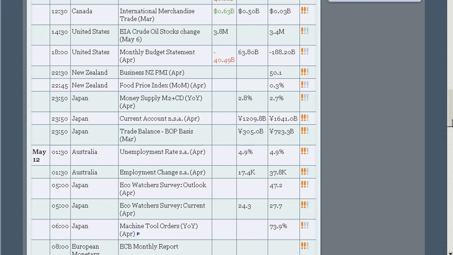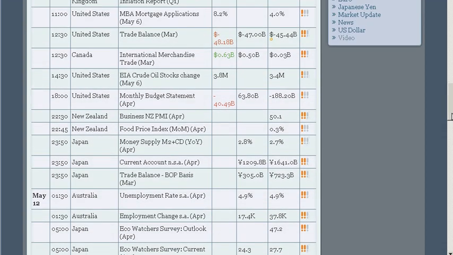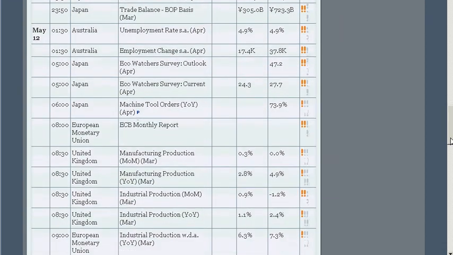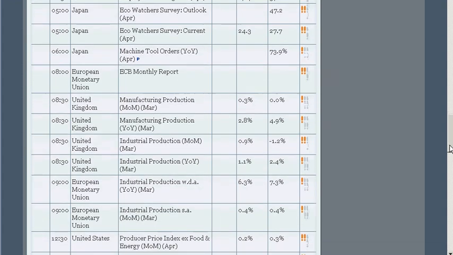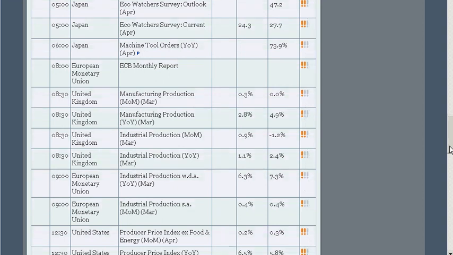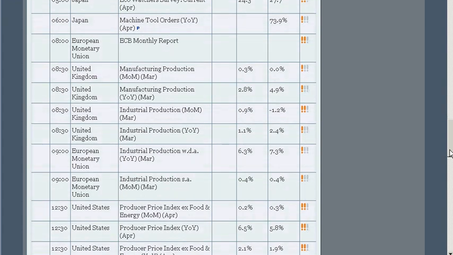Not all that exciting, really. If you're trading the Aussie, you got unemployment rate data, which actually is tonight, tomorrow in GMT. We have ECB monthly report tomorrow. The only reason it's really interesting is just because of the volatility on the euro lately.